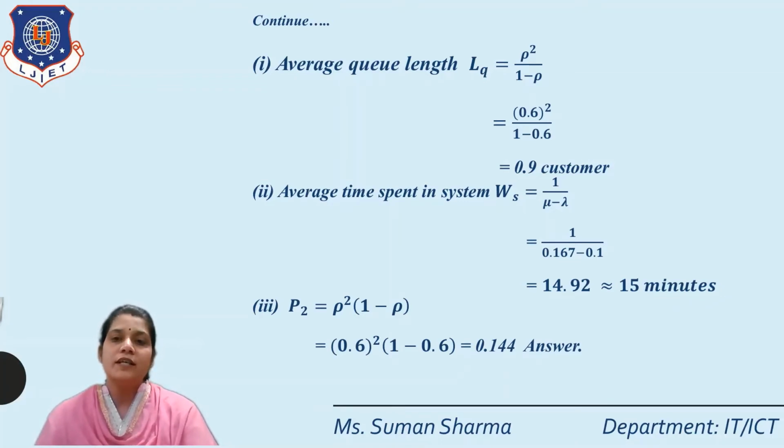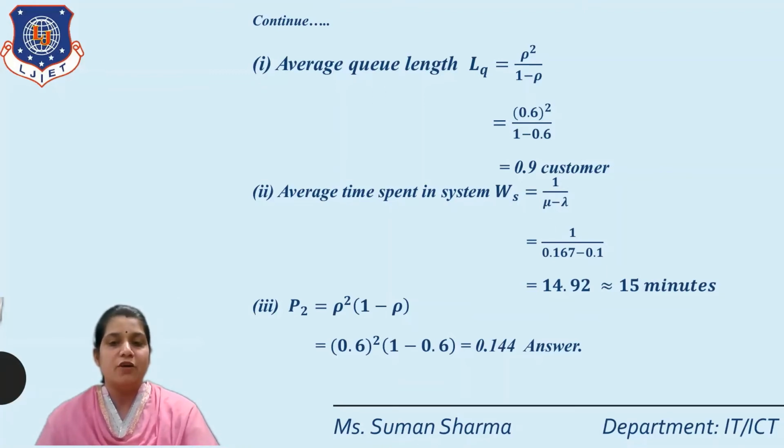So we put 0.6 whole square divided by 1 minus 0.6. 1 minus 0.6 is equal to 0.4, and in the numerator, 0.6 into 0.6 is equal to 0.36.